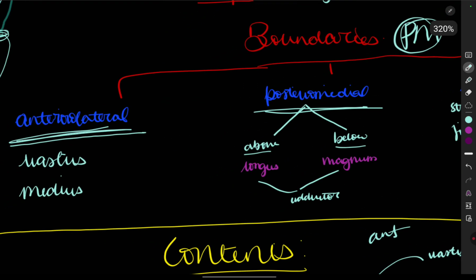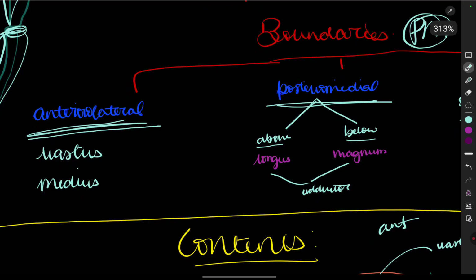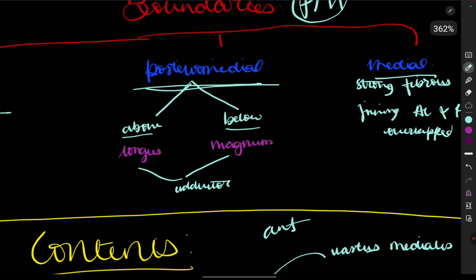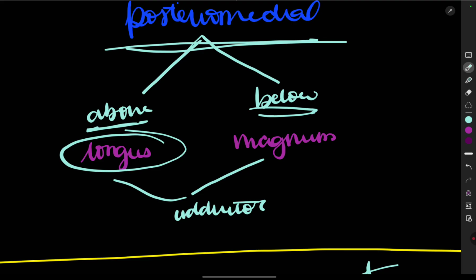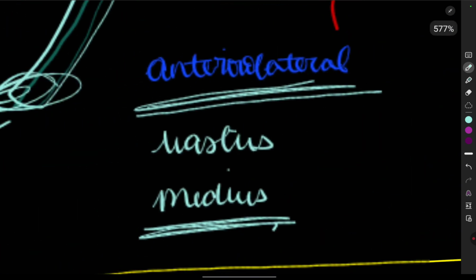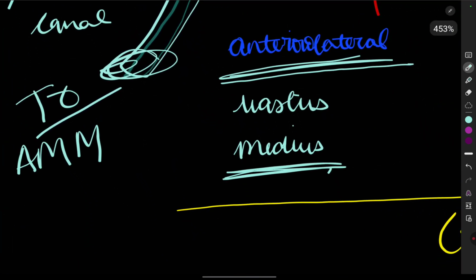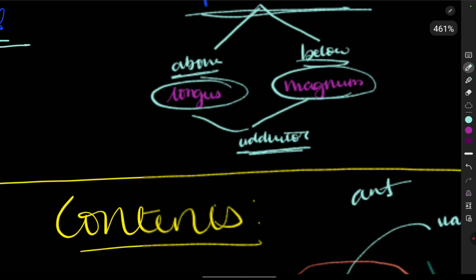See, on the anterior lateral boundary, we have the vastus medialis muscle. Posterior medial, we have two, above and below. Above is the adductor longus, and below is the adductor magnus. Below, we had already seen the tendinous opening of the adductor magnus muscle.